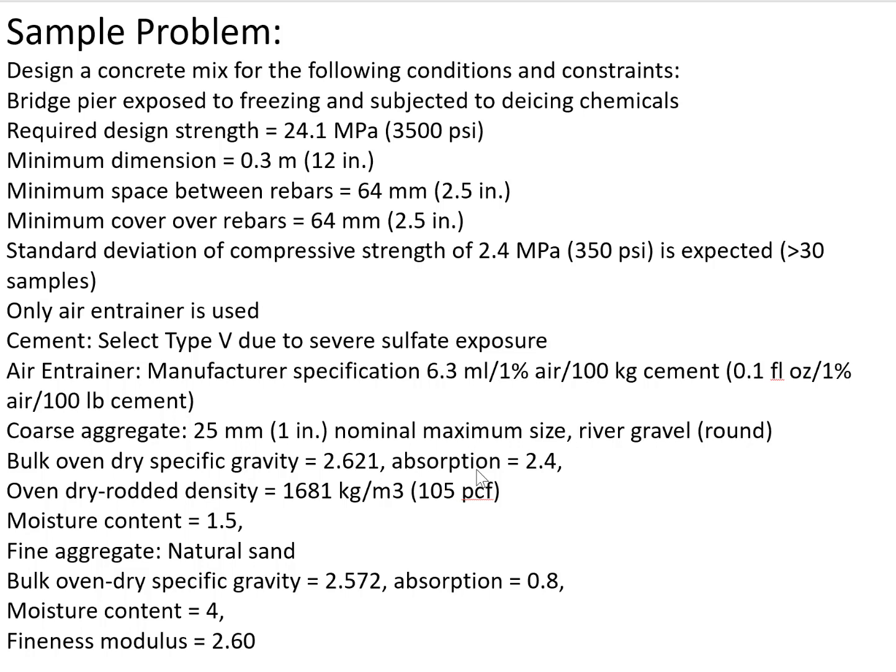The third type is called high early strength cement. It's used for fast track construction when forms need to be removed as soon as possible, or for structures that need to be put in service as soon as possible. And we often use it in cold weather. We want to reduce the time required for the curing process.